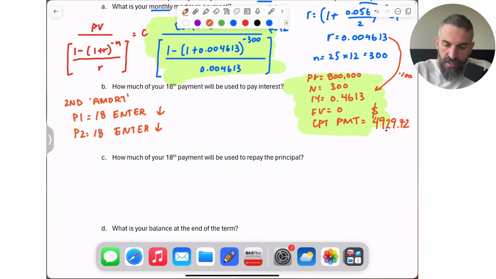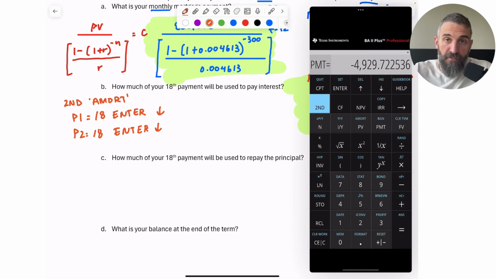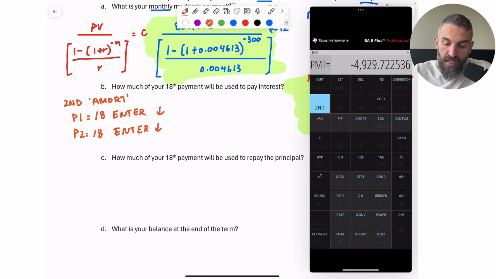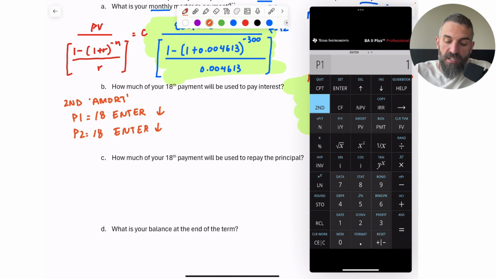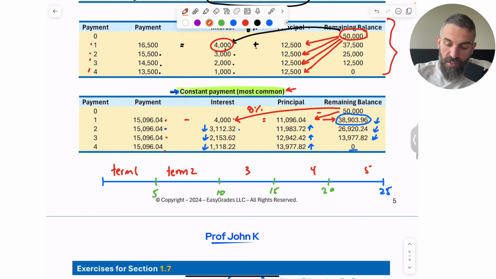If you're doing this on the financial calculator, follow along with me. I found my payment, then I'm doing second AMORT, so second PV. And here's where you're going to put 18, enter to save it, down, 18, enter again to save it, down. So this is your balance. Basically, this is this column.